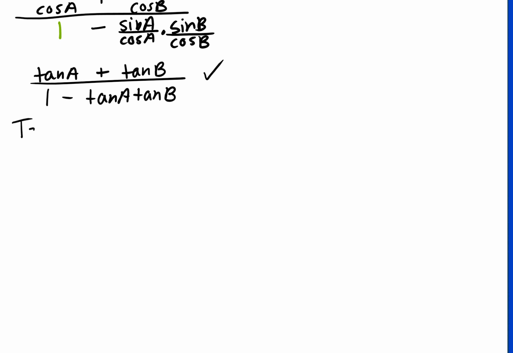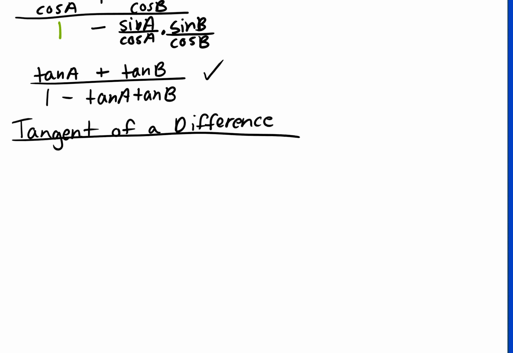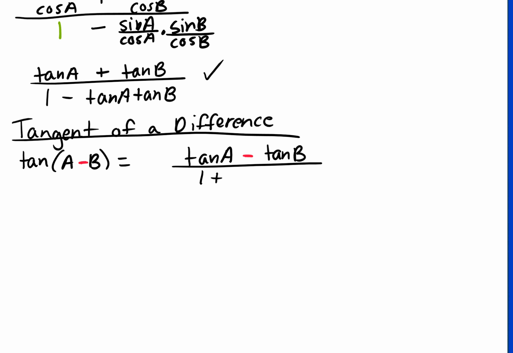So this is tangent of a difference. And if you look at the identity on your identity sheet, even though there are two of these, you're going to memorize them or learn them in groups because they really are the same thing. So we want to notice here, kind of like sine, it's subtraction on the numerator because the original tangent A minus B is subtraction, and then it's the opposite sign on the denominator.